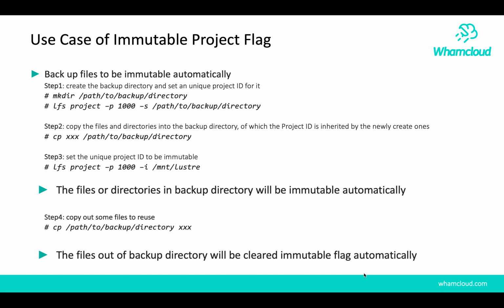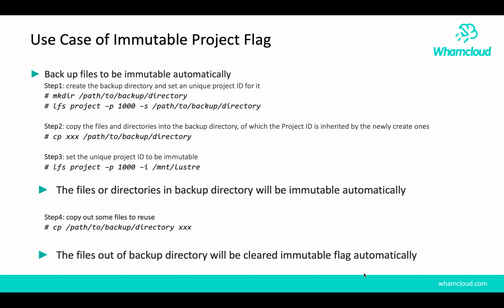Step 3. After all the files and directories are copied into the backup directory, set the project flag immutable. After the setting, all the files and subdirectories in the main backup directory will become immutable automatically because they have the same project ID.